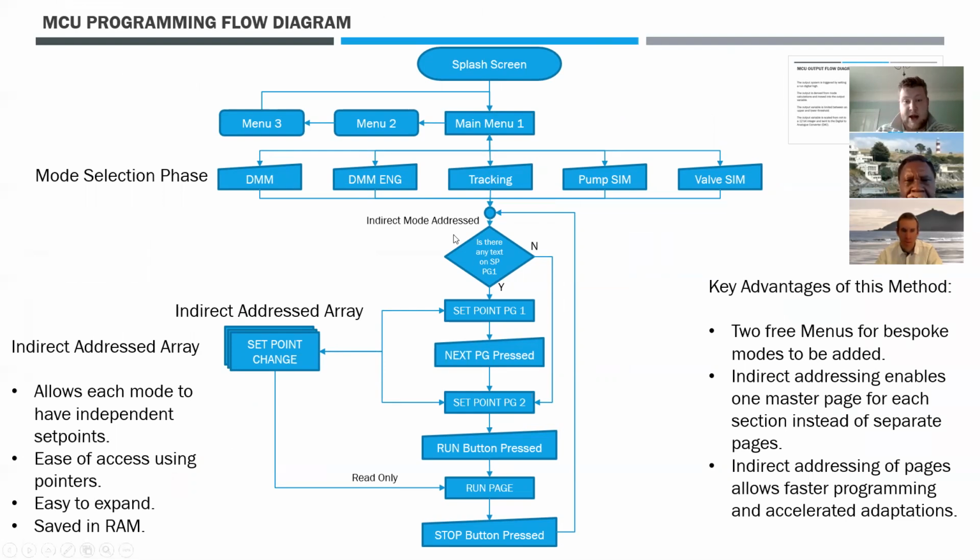Let's say we click tracking, for example. I'll go through tracking with you in a bit. It only requires 2 set points, the input ratio and the output ratio. So we don't need set point page 1. I've implemented in my code that it reads that you don't need more than 1 set point page, so it will jump straight to set point page 2, which, as you'll see in a couple of minutes, has the run page on it.